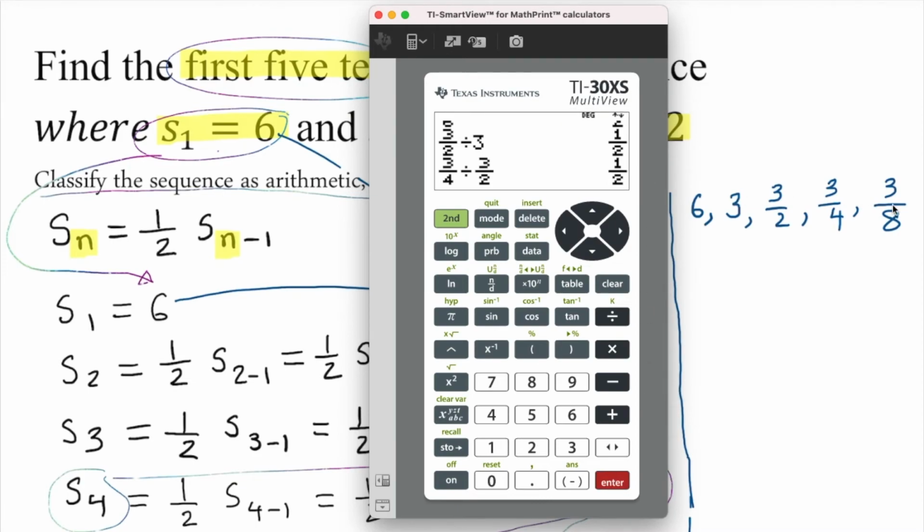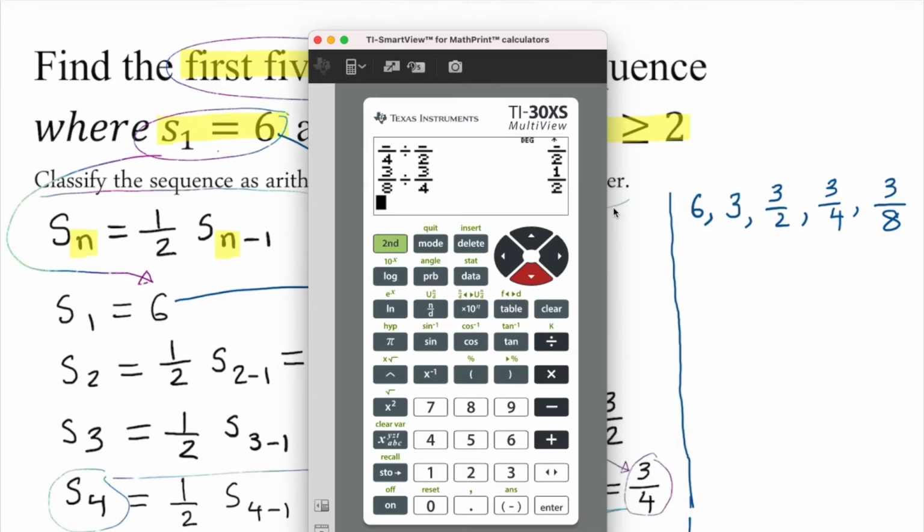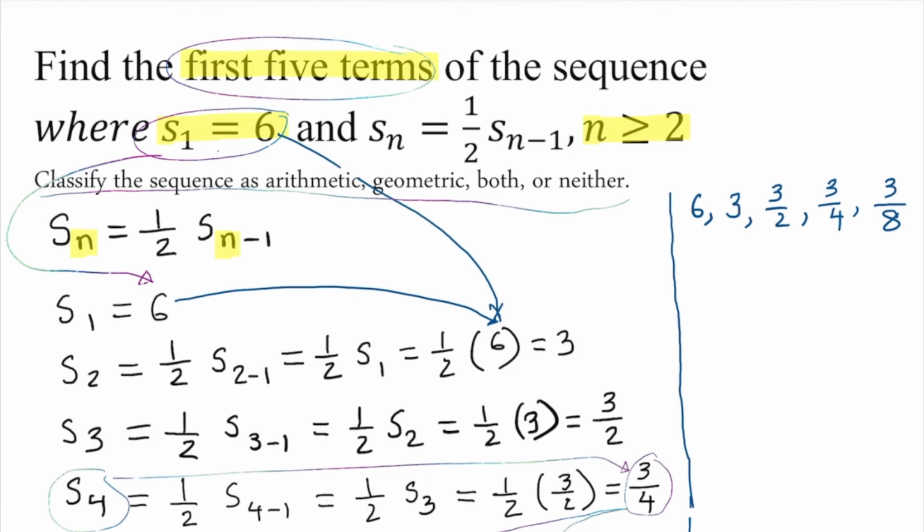If one of them doesn't give the same, that means there is no common ratio. Now 3 over 8 divided by 3 over 4. Look, all of them give 1/2. So after dividing all these, every time we have a common ratio, which is 1/2.